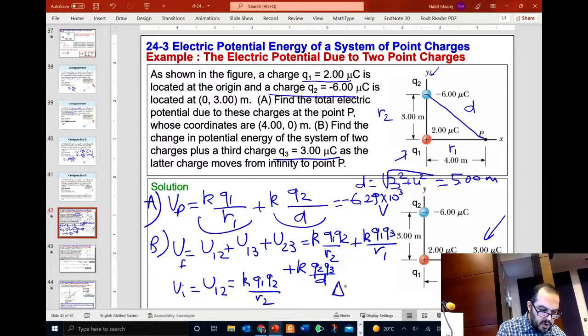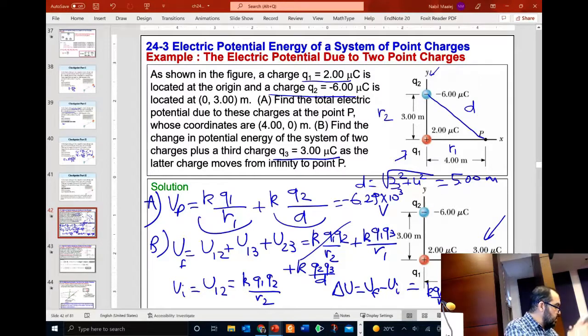Now delta U is U final minus U initial, and when you do that, basically this term will cancel, and we will end up with only K Q1 Q3 divided by R1 plus K Q2 Q3 divided by D.